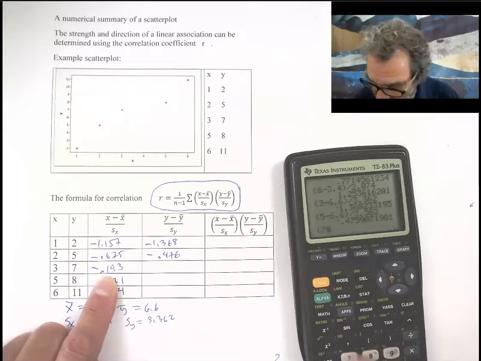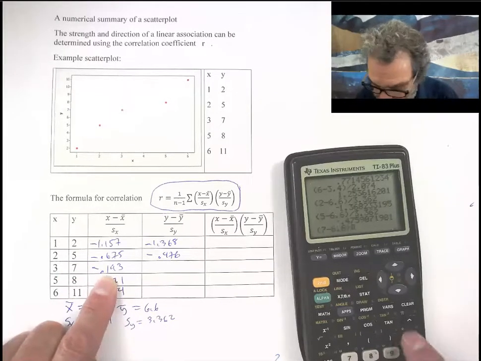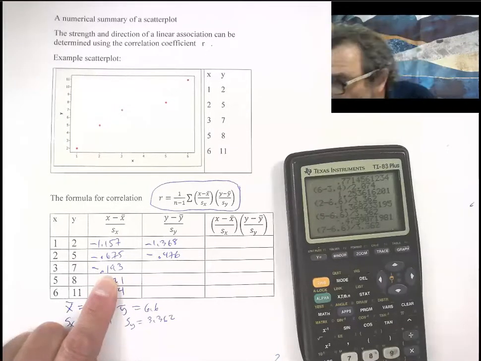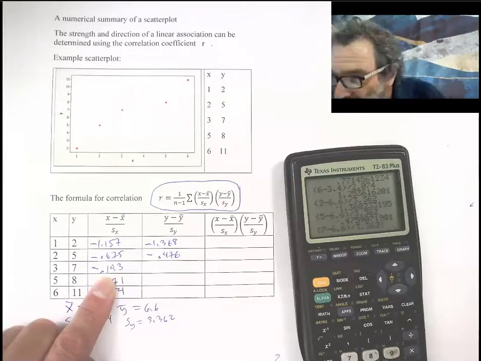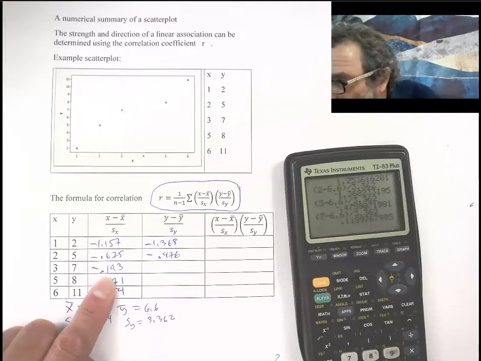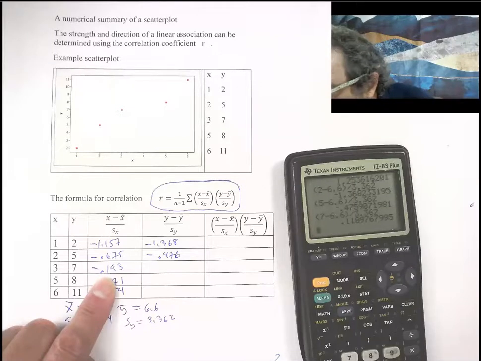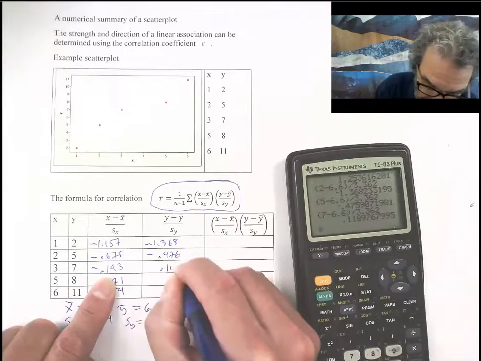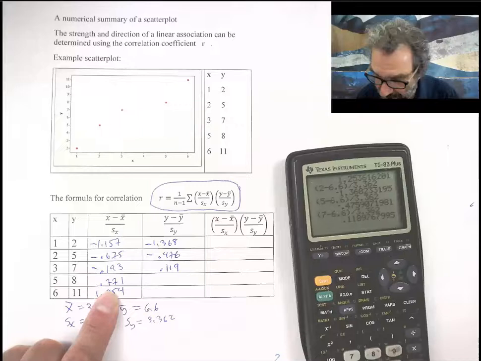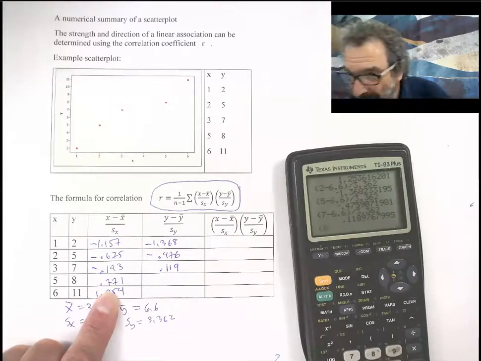Okay, 7 minus 6.6, close it, divided by 3.362. So ordinarily, I'll just type the wrong number someplace, and then bad things happen. 0.119. I'm rounding to 3 places, you might have noticed. You can round to 2 probably and still get away with it.